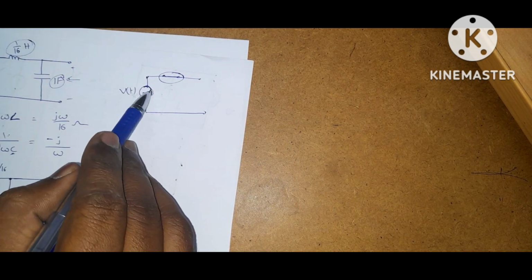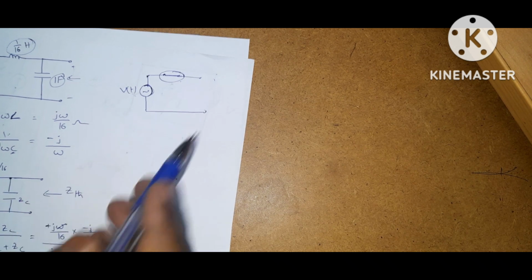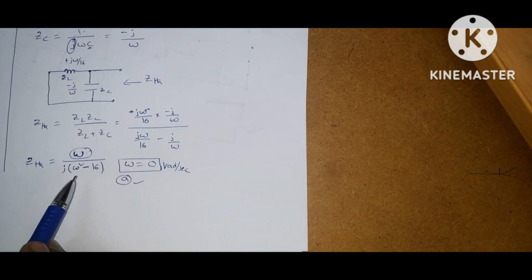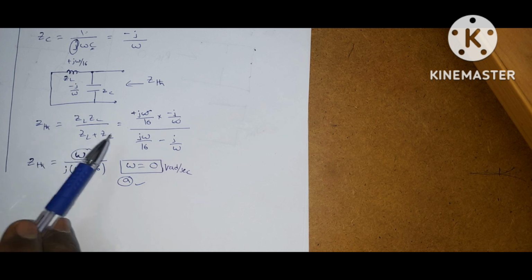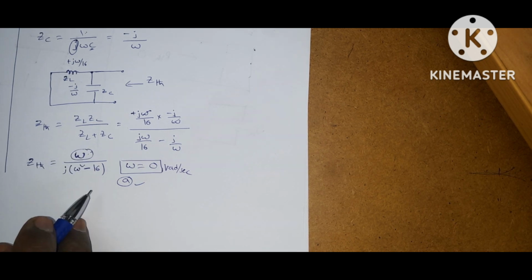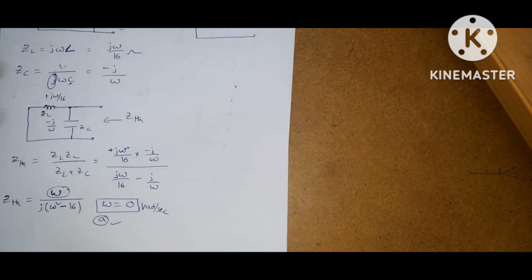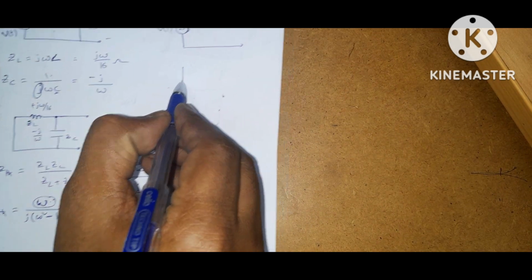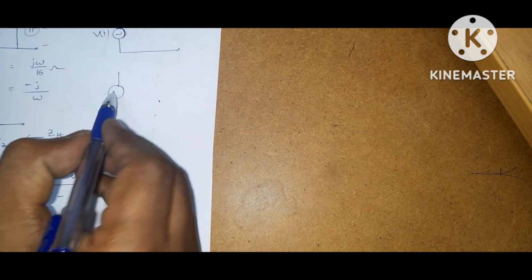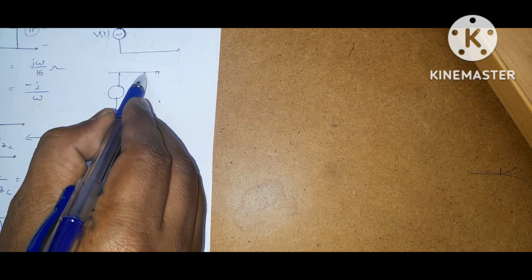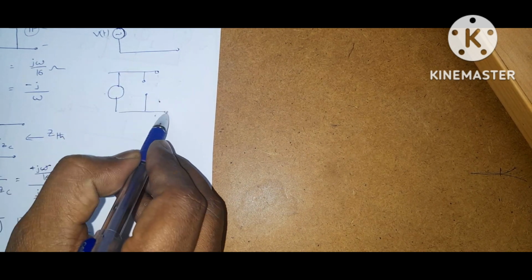Ideal voltage source means voltage source in series with short circuit. Suppose for the same question, if the circuit becomes like an ideal current source, ideal current source means current source in parallel with open circuit.